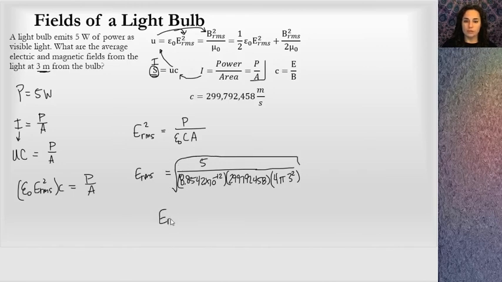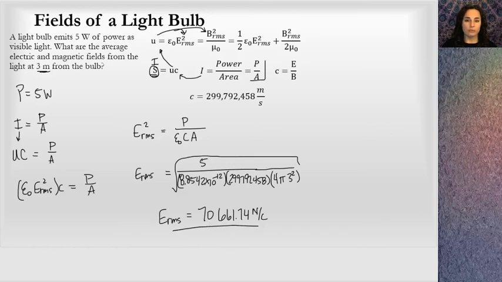And E_RMS turns out to be the average electric field of the power that comes out as visible light from the light bulb is 71,000 newtons per coulomb. So that is the value.